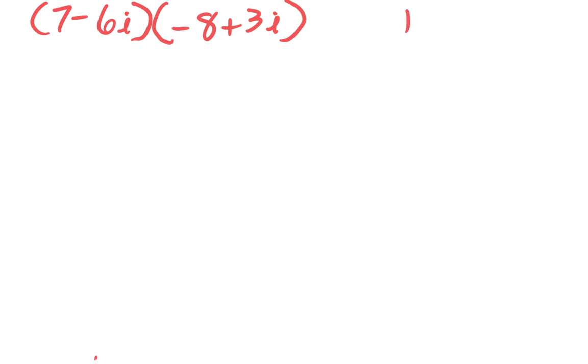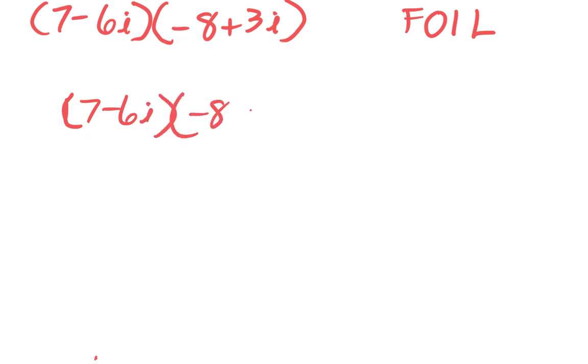So FOIL, we have first, outer, inner, last. I'm going to rewrite my problem just so we have room. 7 minus 6i, negative 8 plus 3i. All right, so I'm going to do my first terms.